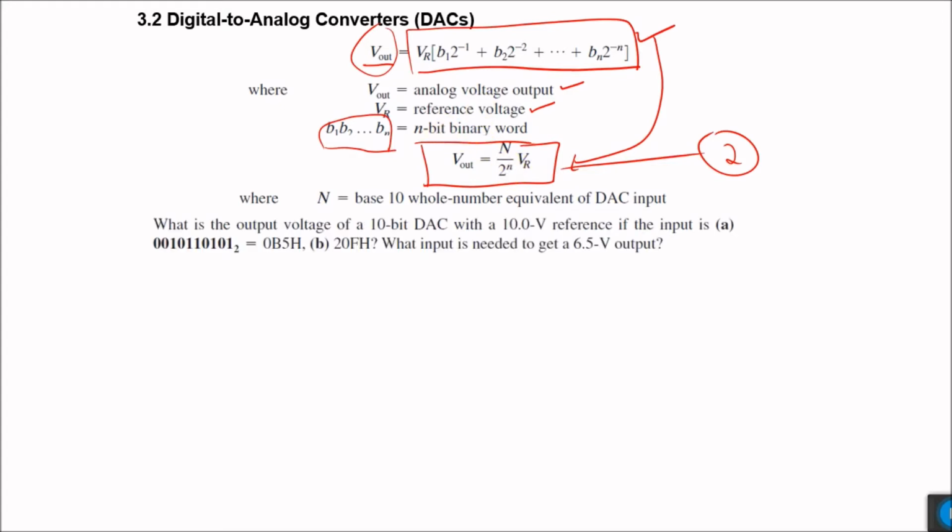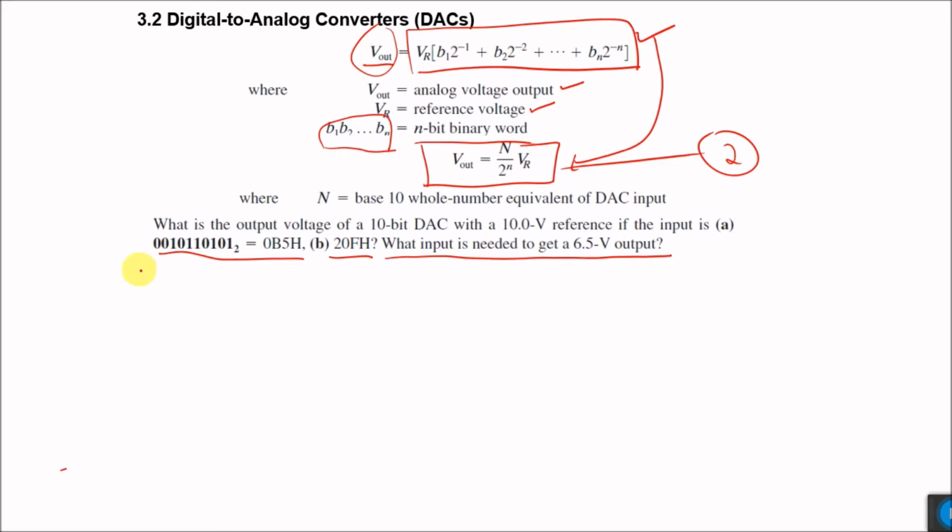To further elaborate this formula, let's do an example where the target is to find the output of a 10-bit DAC with a 10 volt VR, or the reference voltage, if A, the input is this, and B, the input is this.